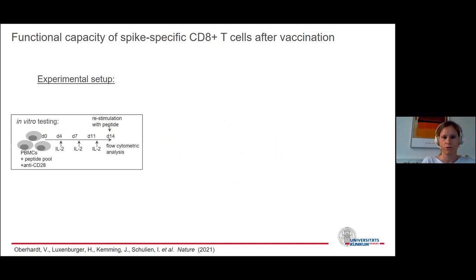We, of course, also wondered about functional capacities of the cells. And for this, as we've done previously, we had an in vitro expansion for 2 weeks, and then we re-stimulated the cells and checked for their expansion capacity and cytokine production.